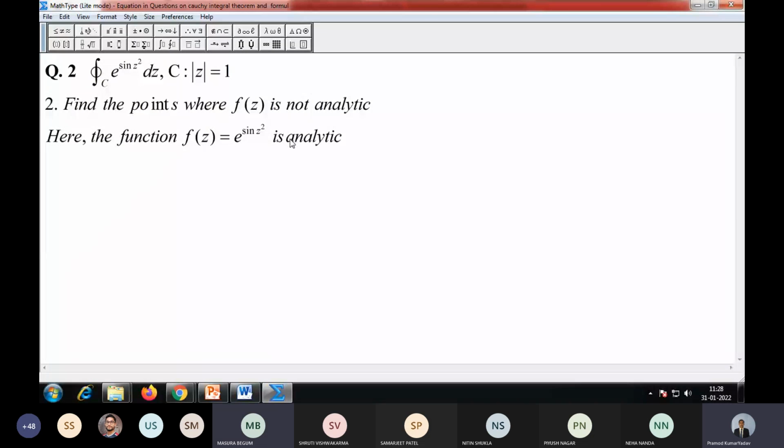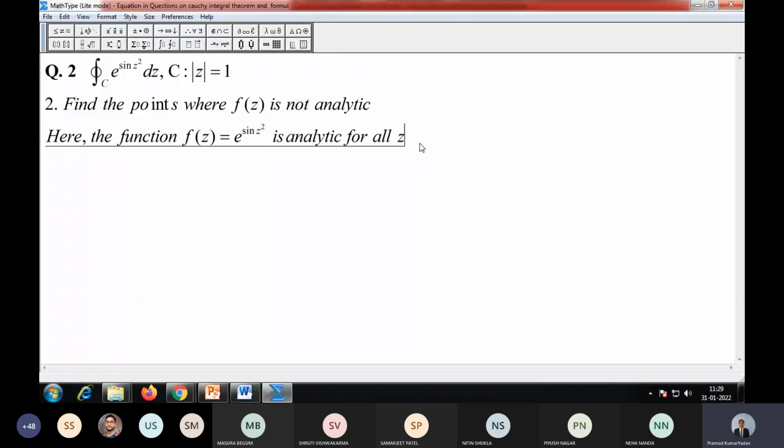I was listening to what you were saying, sir. Okay, by default, you know sin z is analytic or not? Yes, sir. So e to the power sin z square, you may go and check it. Exponential is also analytic, e to the power z square is analytic. So you may find that e to the power sin z square is analytic for all z. So there are no points at which the function is not analytic.